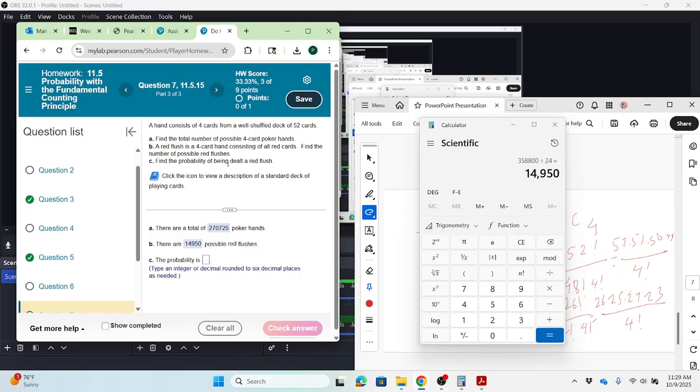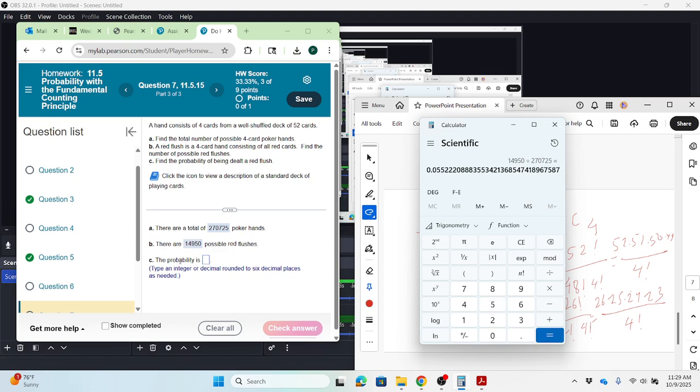So find the probability of being dealt a red flush. The probability is this many cases out of this many cases. So 14,950 divided by the total cases, which is 270,725.